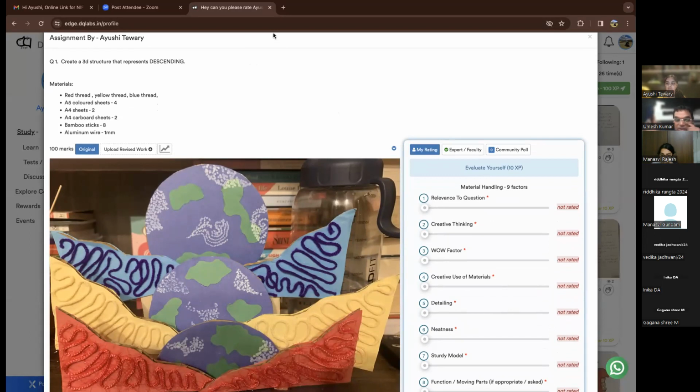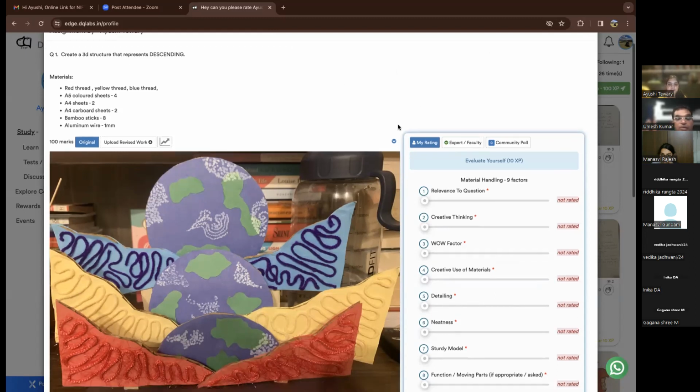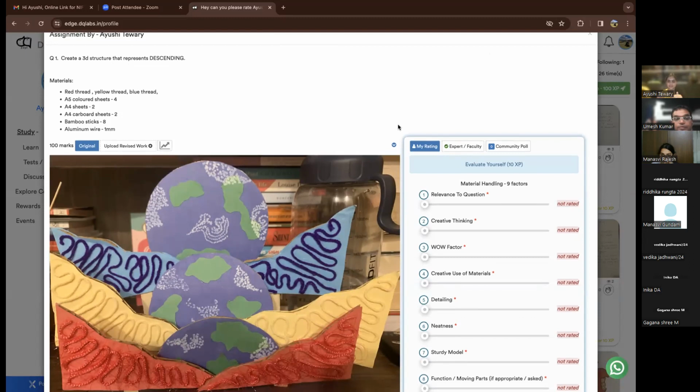For example, these were supposed to show waves. You have kept them linear. You could have made them circular or cylindrical, one behind the other at different heights. So it makes it 3D.